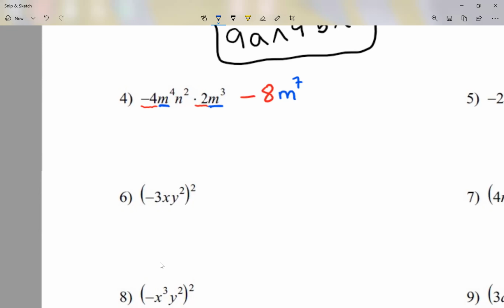I must add my exponents. Then when it comes to n, I just see n to the 2nd. That's my only n that I see, so n to the 2nd. The way I'm going to type this will be -8 m to the 7th, n to the 2nd.